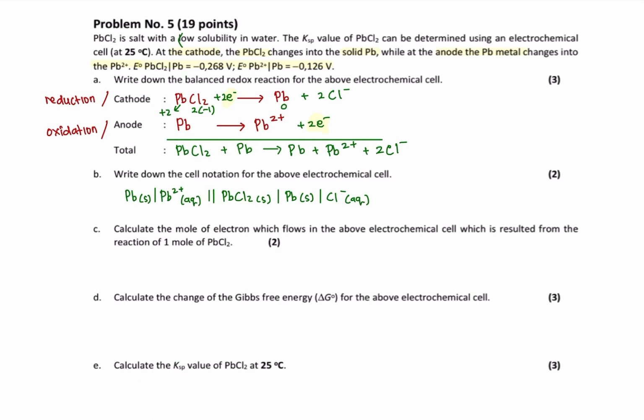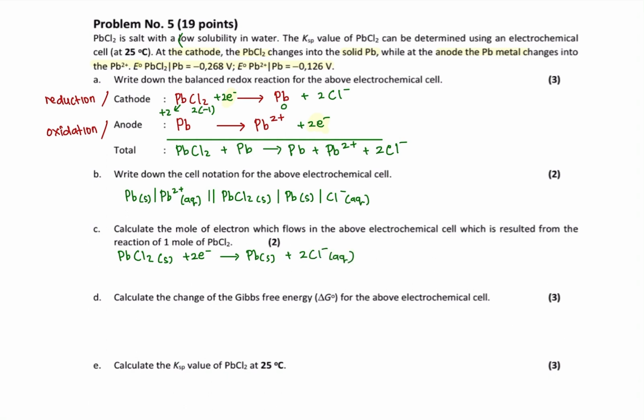So here, if we have 1 mole of PbCl2, then we can take a look at the reaction at the cathode. So here we have PbCl2, which is solid, plus 2 electrons, and it results in Pb, which is solid, and also Cl minus, which is aqueous.